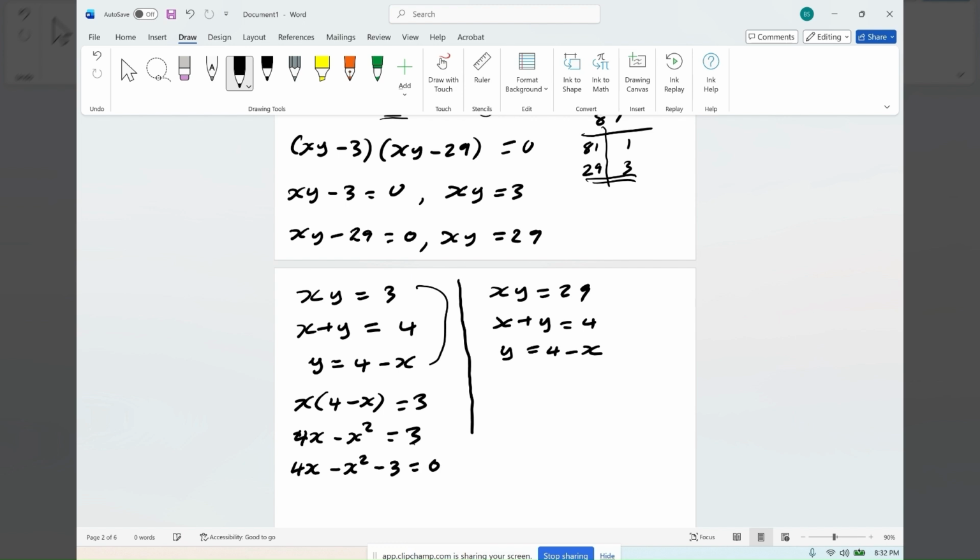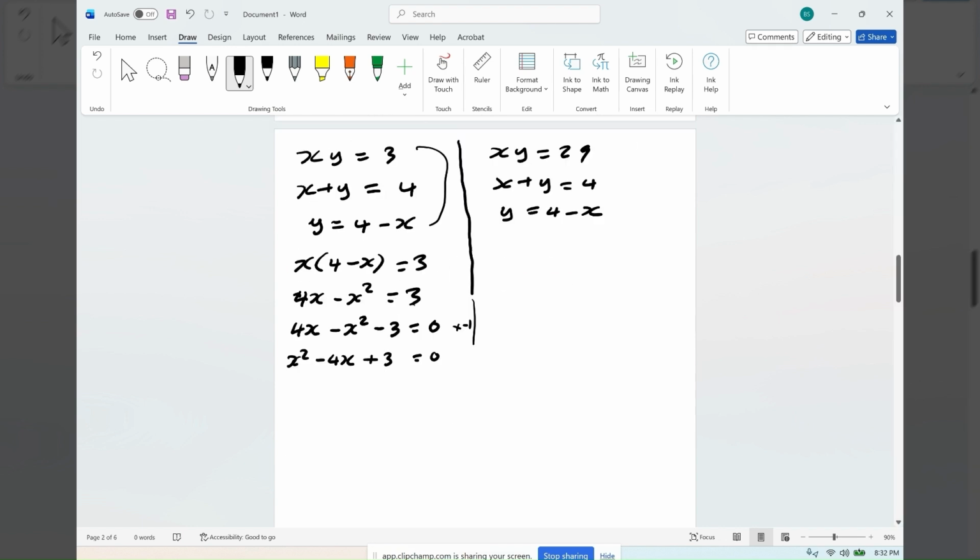Let's multiply everything by -1. So we have x squared - 4x + 3 = 0. We can clearly see that by factorizing, (x - 1)(x - 3) = 0.